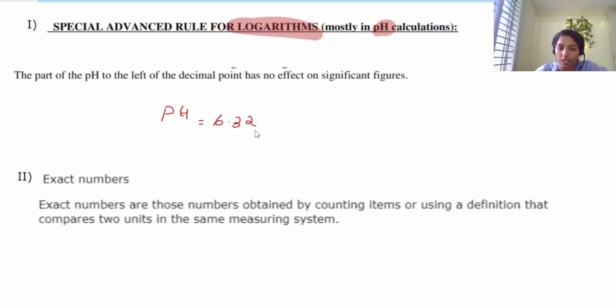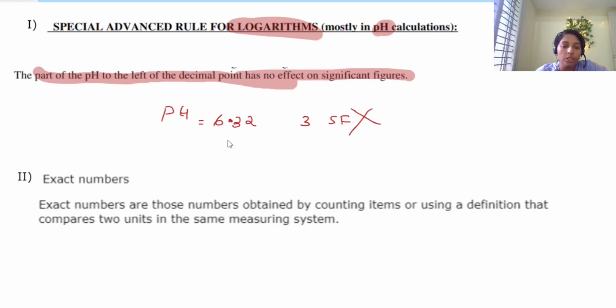So how many significant figures are there? Normally we will count 6 also as significant, 1, 2, 3, like that, 3 significant figures, like that we told. Okay, but that is wrong. While dealing with pH, only after the decimal point can we count. The part of the pH to the left of the decimal point has no effect on significant figures.